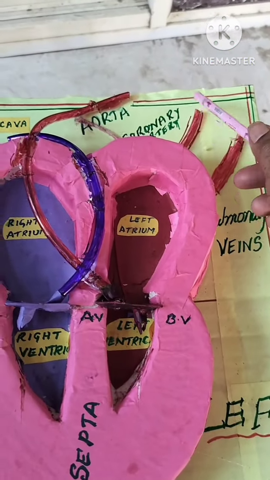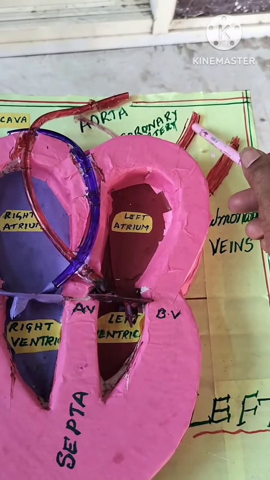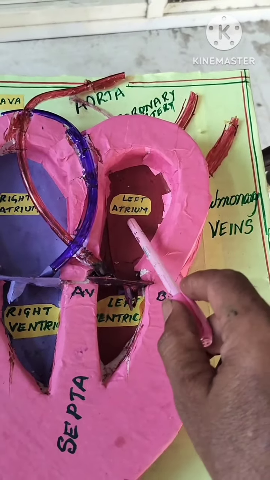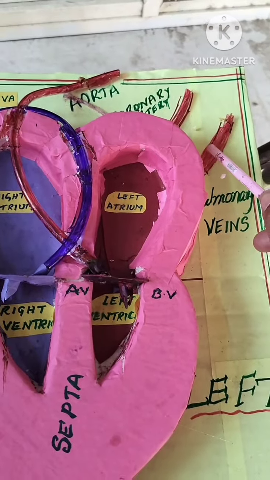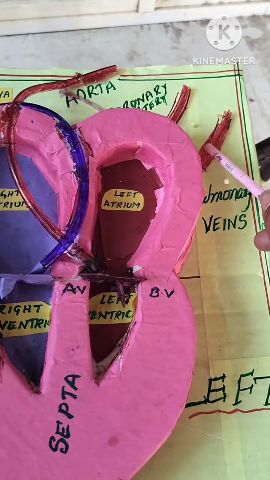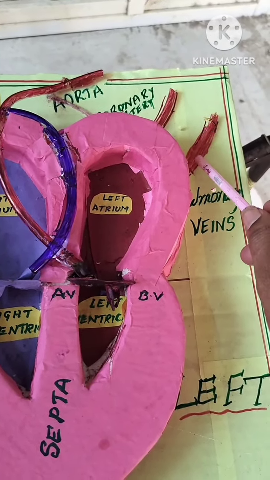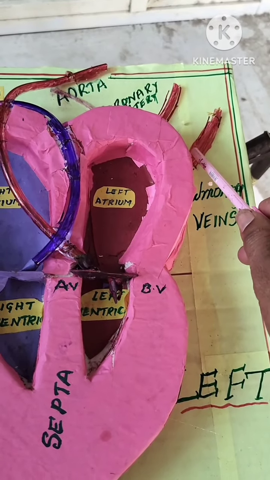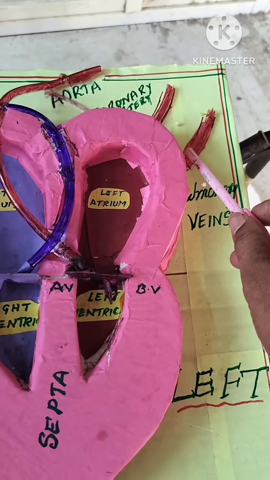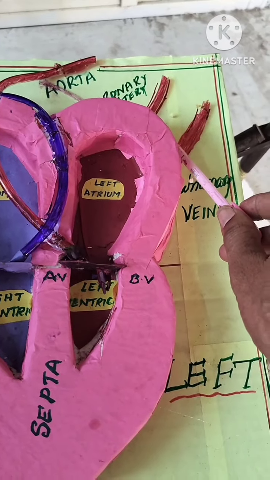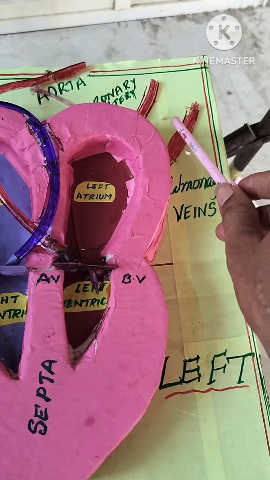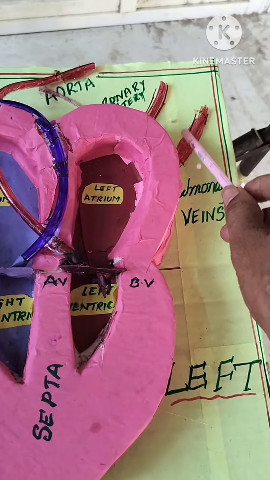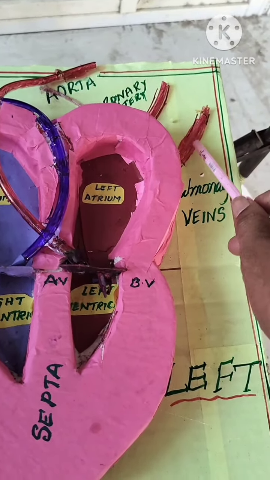Then the blood purified in the lungs enters into the left atrium through the pulmonary veins. So the pulmonary veins transport or contain pure blood. Generally, all veins contain impure or deoxygenated blood, but pulmonary veins contain pure blood or oxygenated blood.